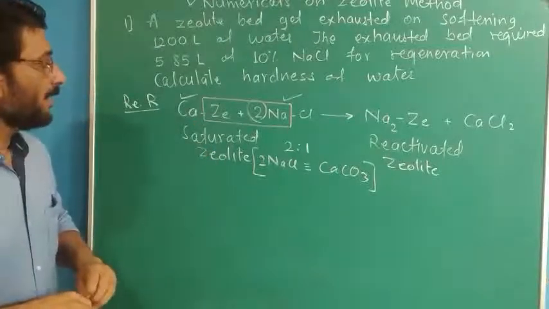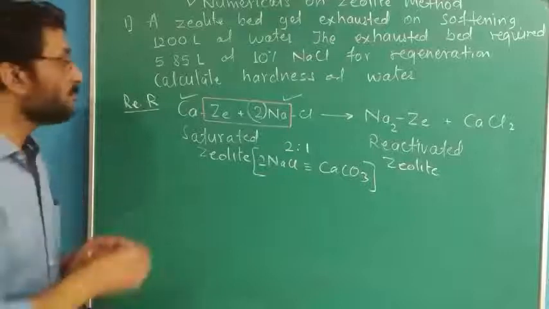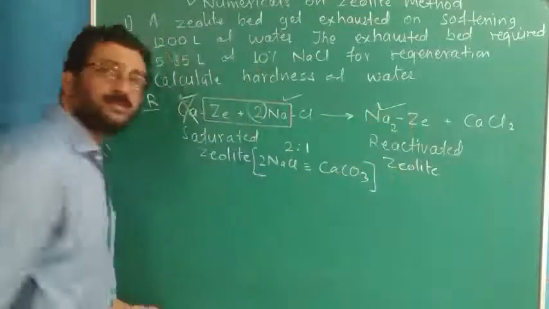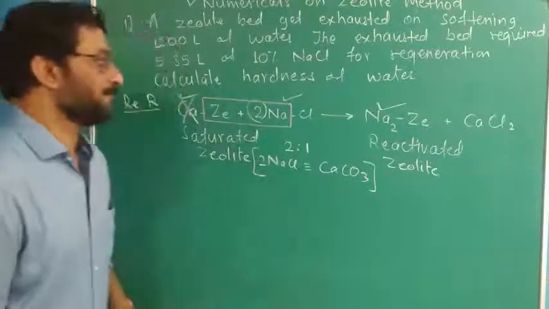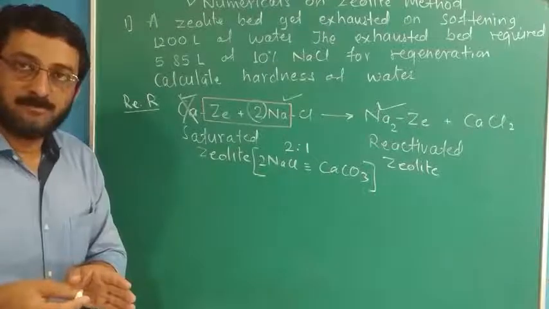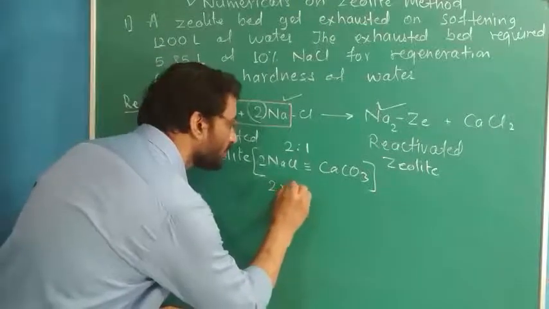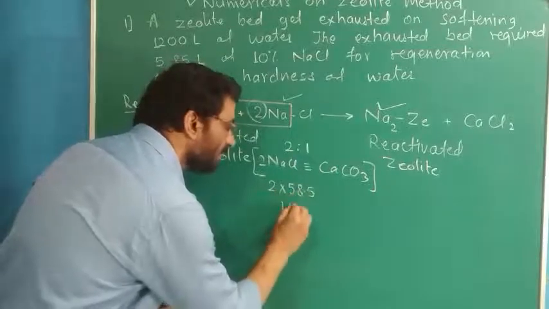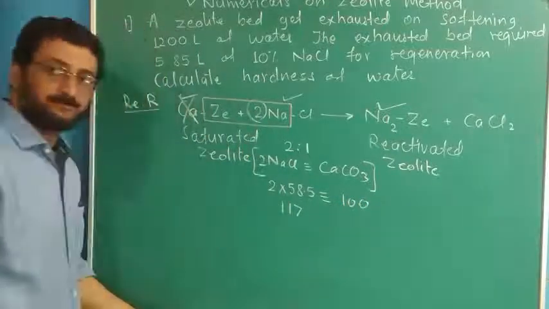Indirectly we can say this NaCl is removing hardness, keeping the bed active again. How? By the 2:1 reaction. In terms of weights, it will be 2 into 58.5, that is 117, which corresponds to the molecular weight of 100.